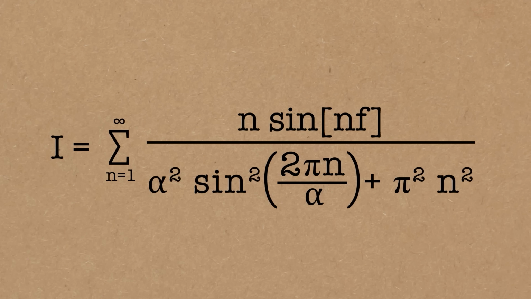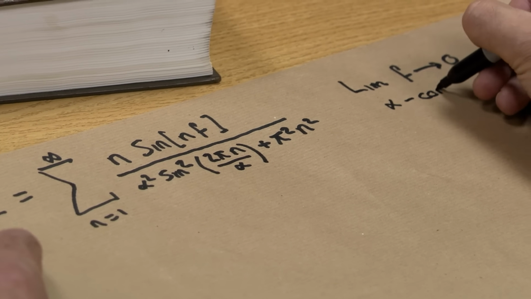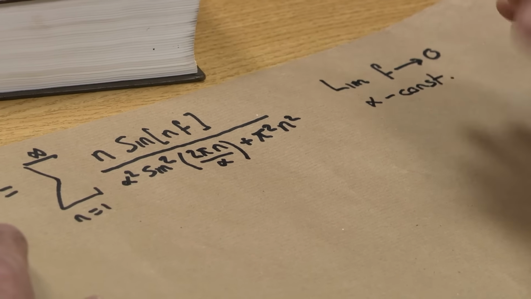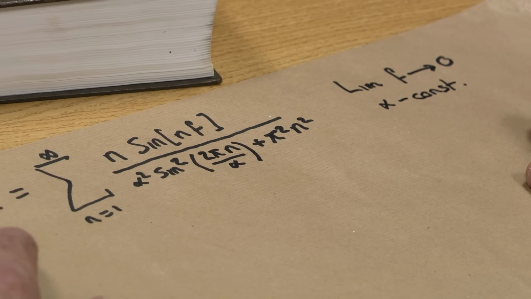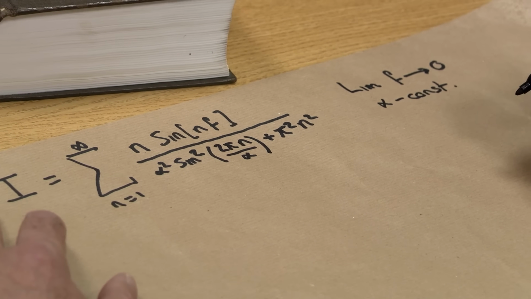And I'm interested in the limit of f going to 0. Alpha is just a constant, which we don't need to worry about. It tells me some information about the black holes. So this is the sum I've got, and I looked at it and I thought, I've got no chance of doing this.